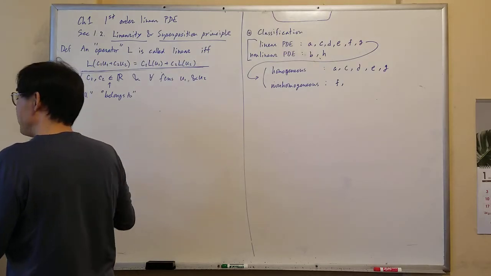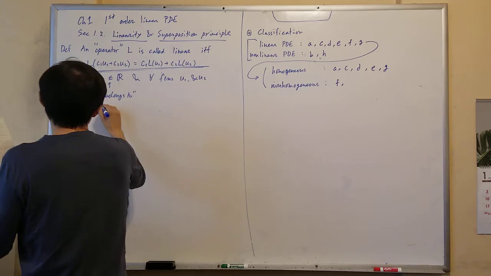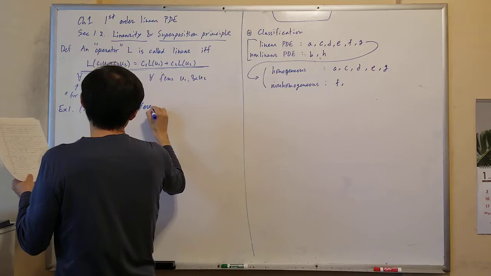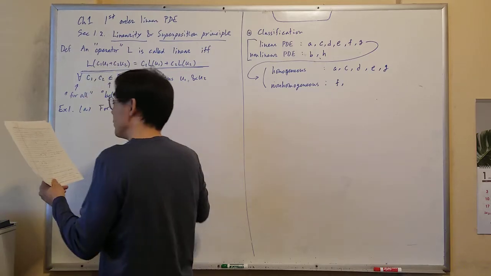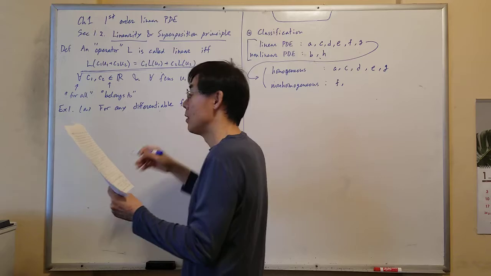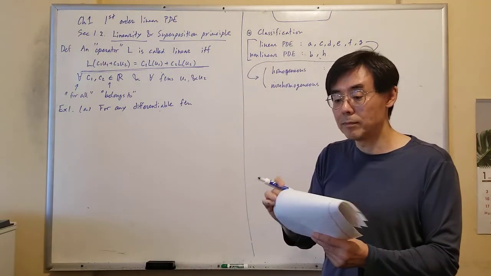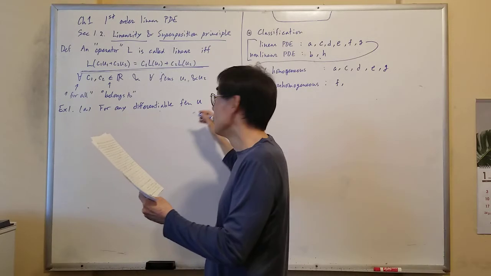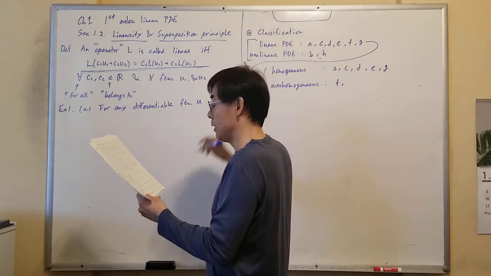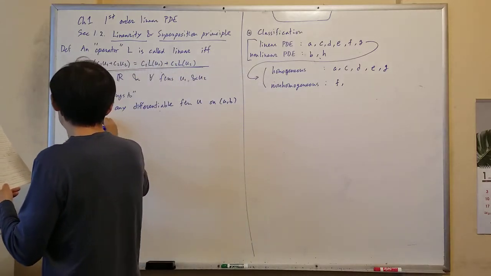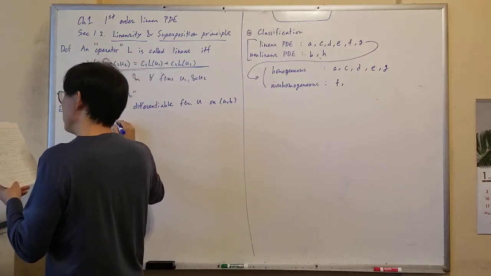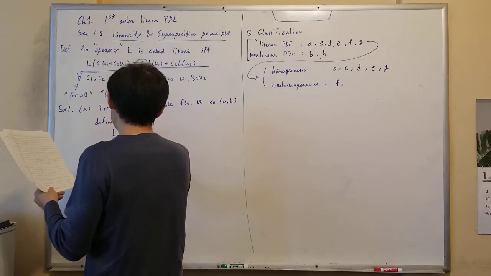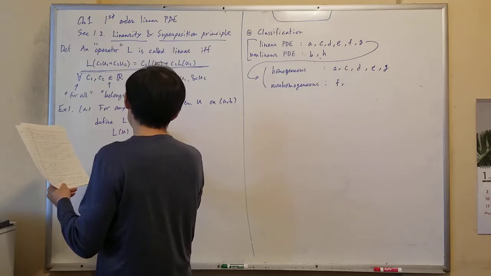Example 1, A. For any differentiable function u on an interval (a,b), define L as L of u equals d over dx.